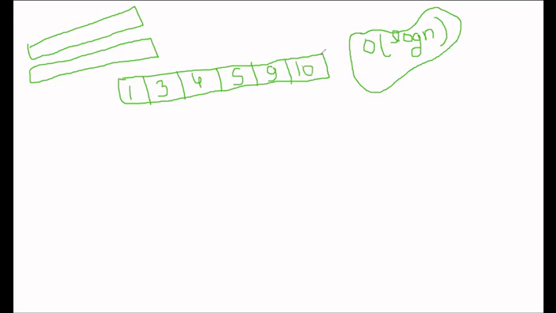Let's add one more index so that it is clear to you. Let's add 11. Okay. Suppose we have to search an element. Let's try to search 10 in this array. Okay.